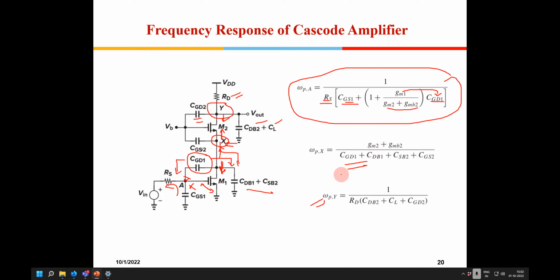So you have to apply a test voltage here and find out the test current which is going to flow. The current flowing here will be GM times the voltage, and hence it will come as GM1. Whereas when I am looking into the top out here, it will be 1 by GM for this particular one. So you have to keep removing each capacitance and apply these test voltages.